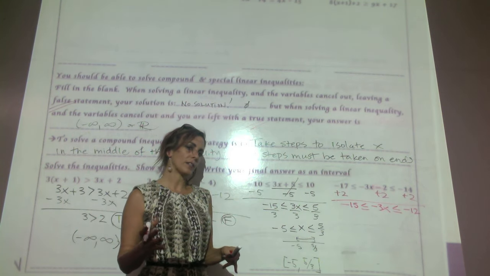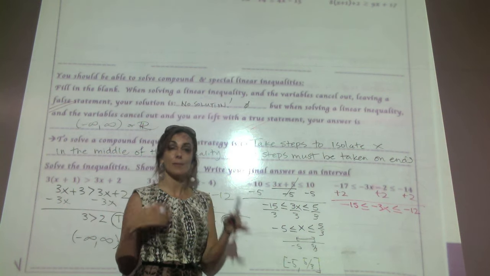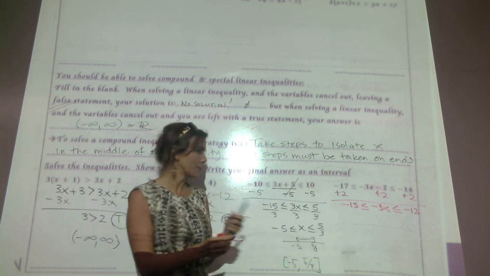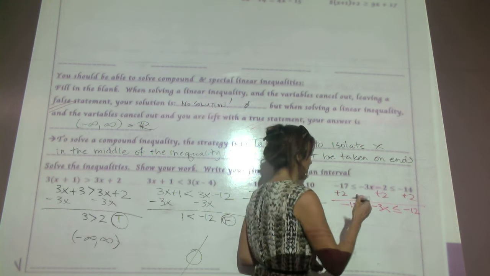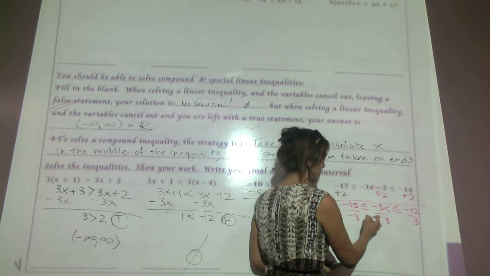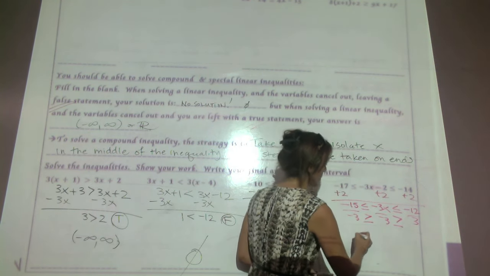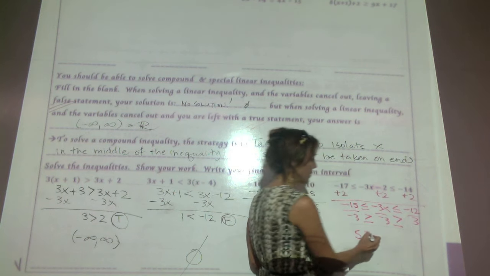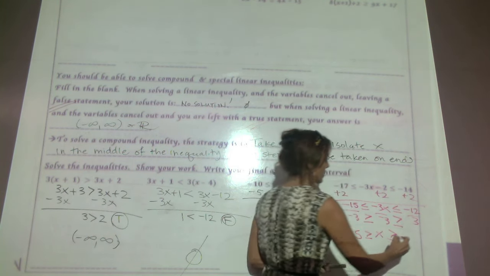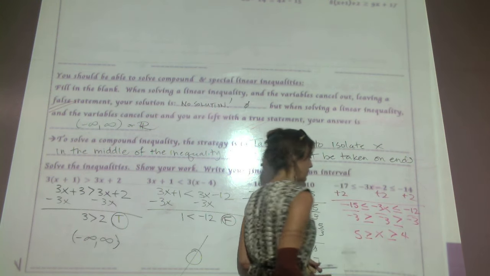So now I'm going to divide everything through by that negative 3. I'm dividing by a negative. What do we need to do then? Flip those inequality symbols. So if I divide by negative 3 and negative 3 and negative 3, and I remember that I'm going to flip my inequality symbols, this becomes 5 is greater than or equal to x, which is greater than or equal to, that's negative 12 divided by negative 3, 4, right?